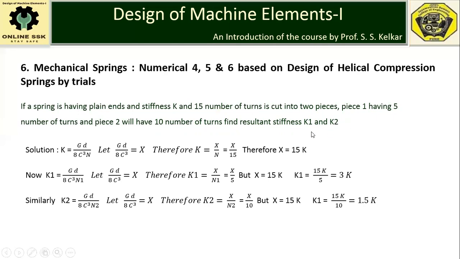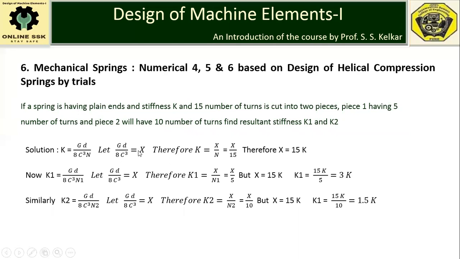Now the original spring is having stiffness K, which is given by G d upon 8 C cube N. Here G is the modulus of rigidity, which will remain the same for the original spring as well as the pieces. Wire diameter will be the same, and spring index C will be the same. So G d upon 8 C cube will remain one and the same.